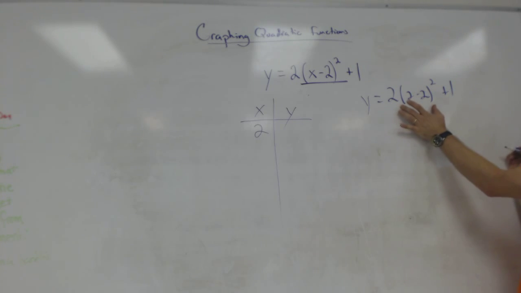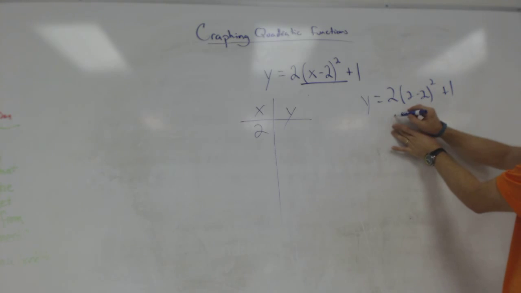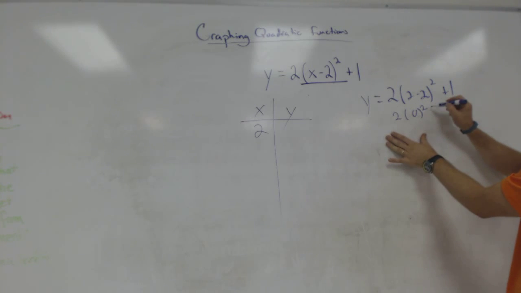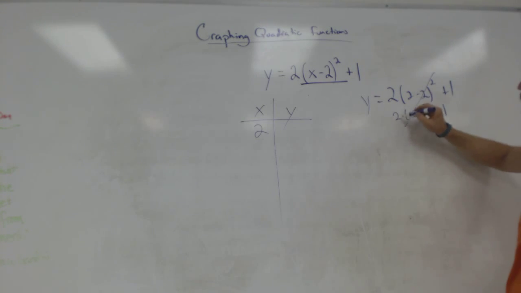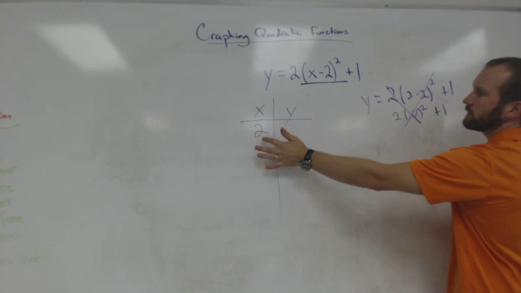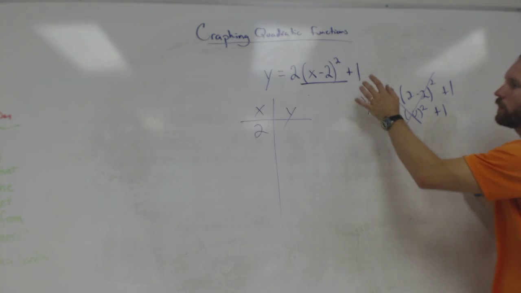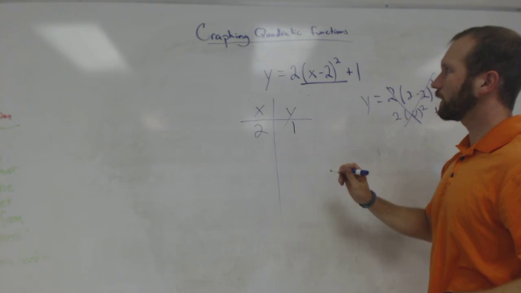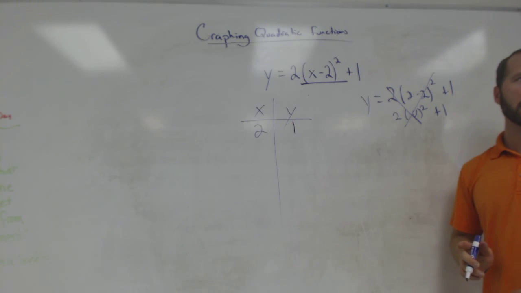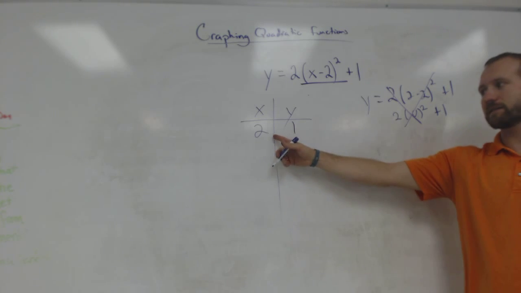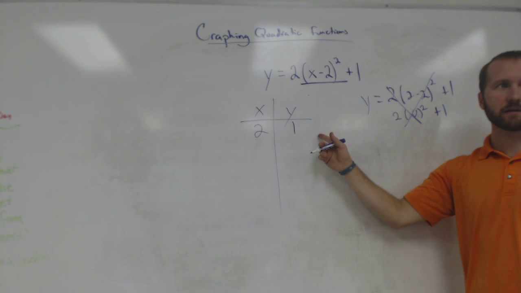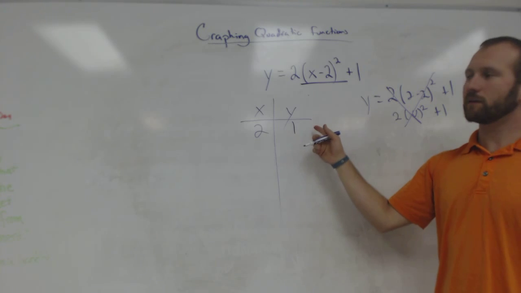All of this just becomes 0, so this whole part drops out. If x is 2 here, this whole thing becomes 0, y equals 1. And guess what? That is your vertex.